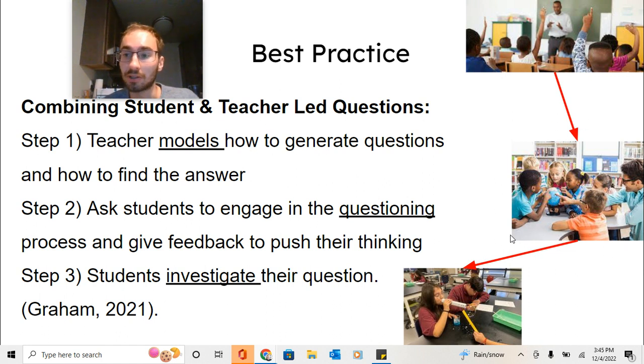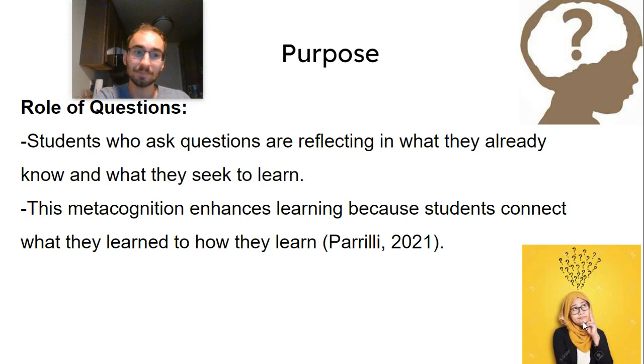So then the students would be generating their own questions, and then based on their questions, at the very end, you'd want students to investigate their question themselves, using the skills that they've learned from the teacher and their questioning process. So this is like the best practice. It's really optimal to use a combination, first teacher, and then working your way up to student-led questions.